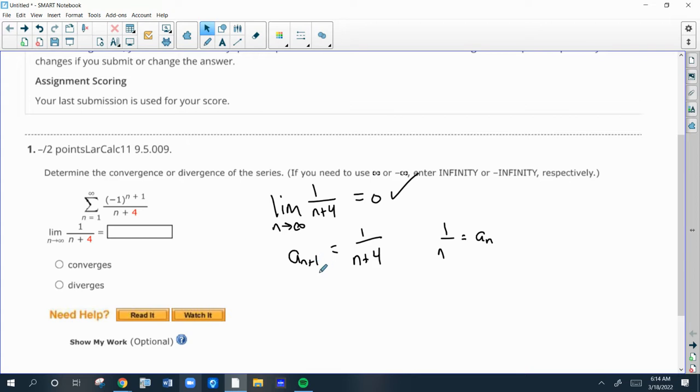A sub n plus 1 term is n plus 1 plus 4, which is n plus 5. Sorry, just noticed that. And the a sub n term is just 1 over n plus 4. And obviously, since this denominator is bigger than this denominator, then that expression is always less. So that's the second thing that has to happen for an alternate series to converge. So this converges.